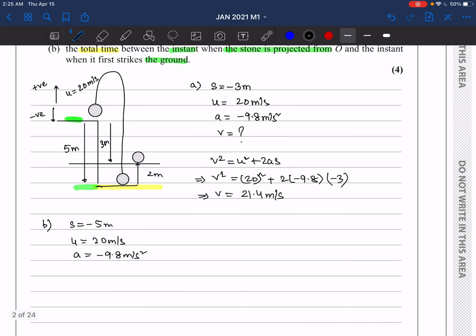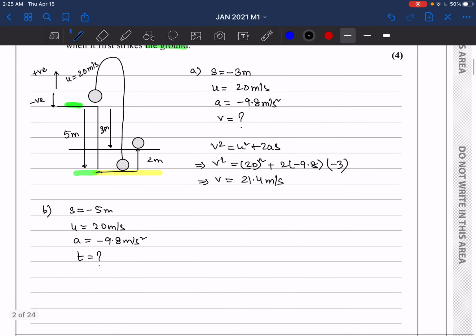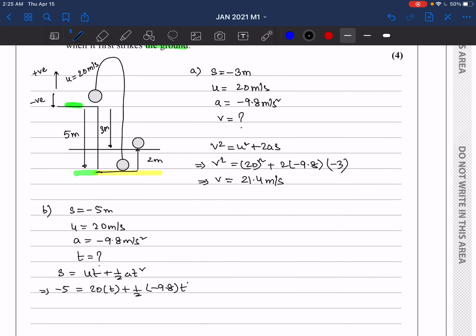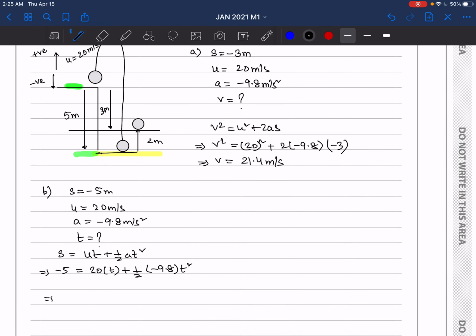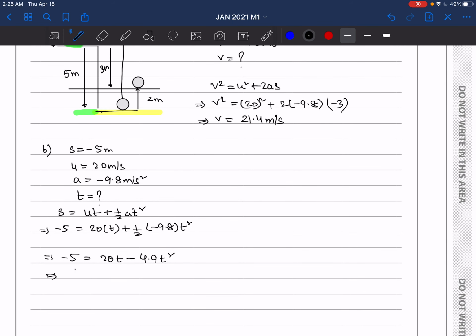We are required to find the value of t. So we can use the formula s equals ut plus half at squared. Now just put in those values, and you will get an equation of 20t minus 4.9t squared, so 4.9t squared minus 20t minus 5 equals 0.